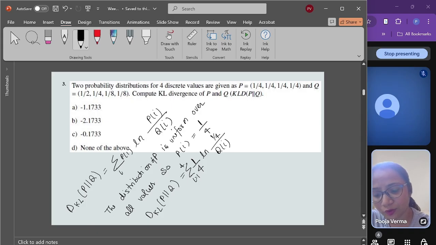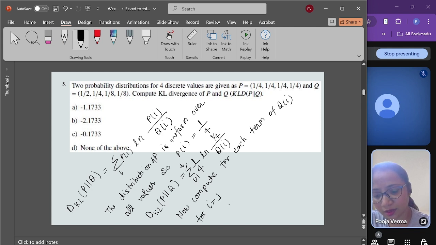So now compute for each term of the Qi. So let's take i equal to 1.